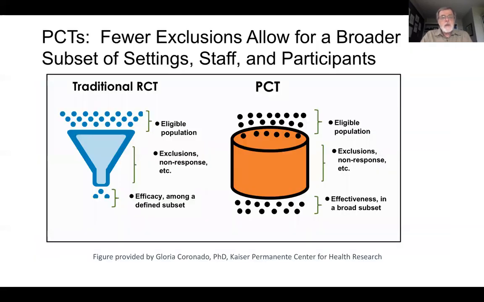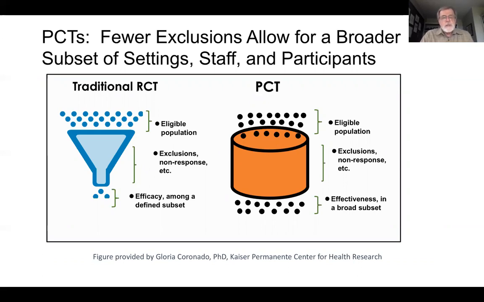So one other way that I like to think about pragmatic trials compared to a more traditional health services research is to think about the kind of funnel, how much funneling is involved. And these issues apply, they're easiest to maybe understand in terms of participants, but the same issues apply to staff and the settings that are selected.